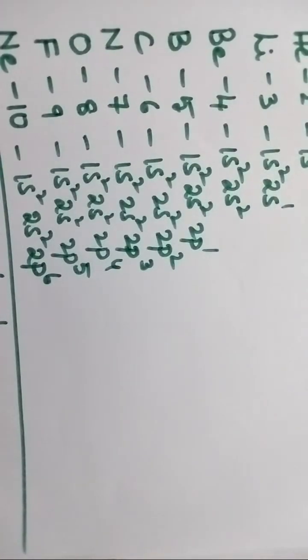Let us see the configuration of remaining 10 elements. Scandium, titanium, vanadium, chromium, manganese, iron, cobalt.